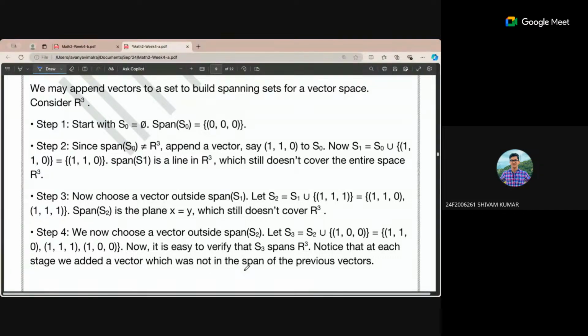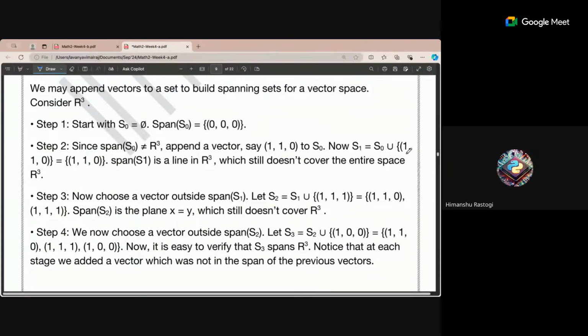Are you understanding what I'm trying to say, ma'am? See here, S1 they are writing as S naught union 110. So here S naught is an empty set, so there is nothing to comment about it as linearly dependent. So we are not violating anything. We are not talking about the span of S naught, we are talking about S naught only here.